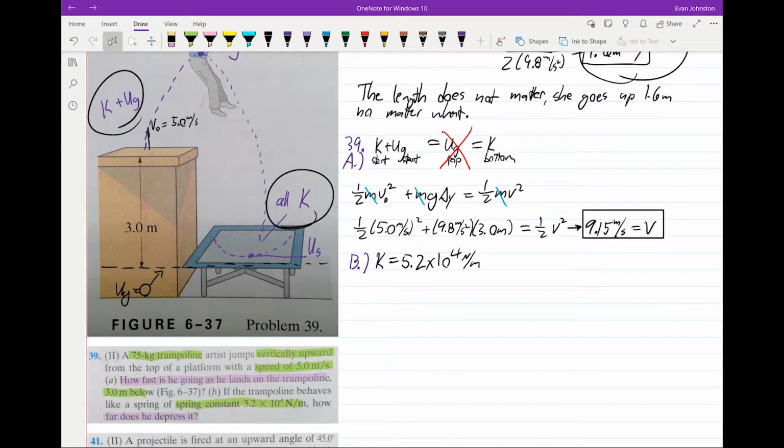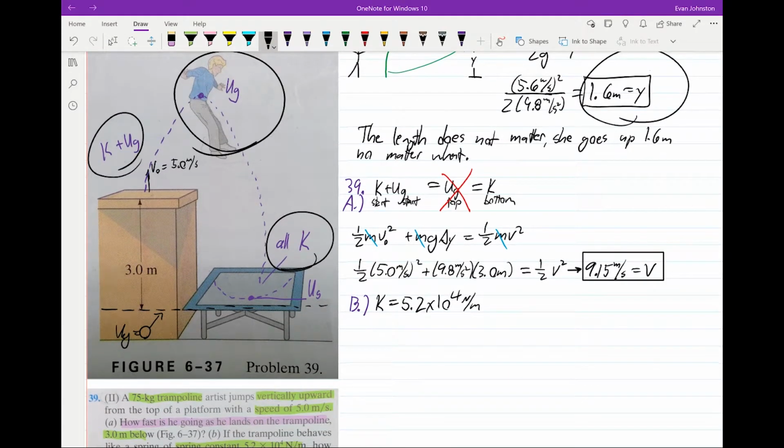And so I'm just going to set those two equal. And something that's important to note is that he stops. He stops when the trampoline is stretched the most. It's just like stopping at the top to turn around. You have to stop at the bottom down here when the trampoline is stretched the most, because then it has to spring you back up.